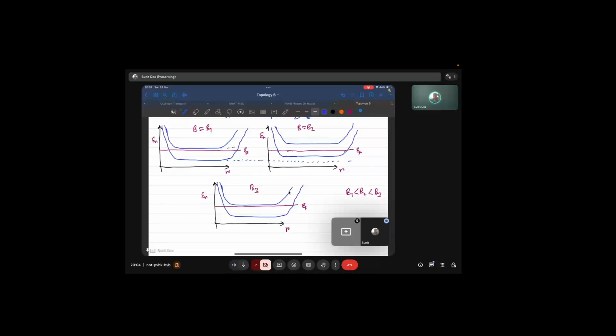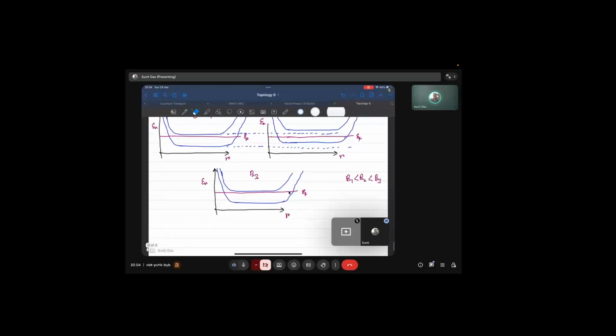Earlier this was here, and then as you increase further, let me draw at the extreme. Somewhere here, let's say, and then it goes further away.